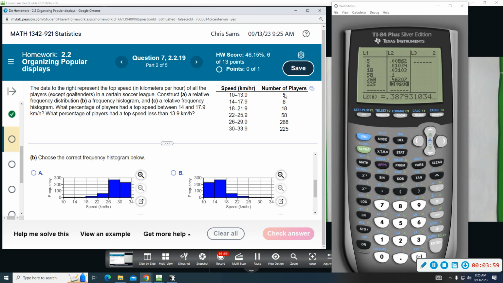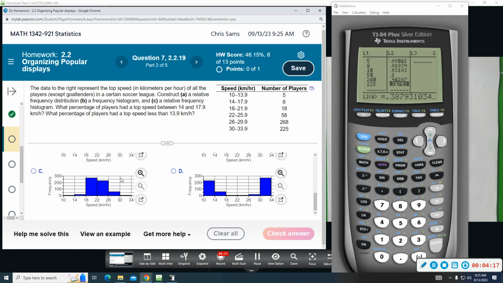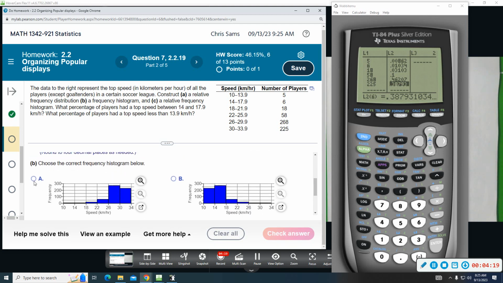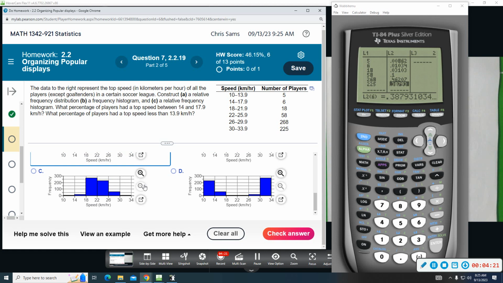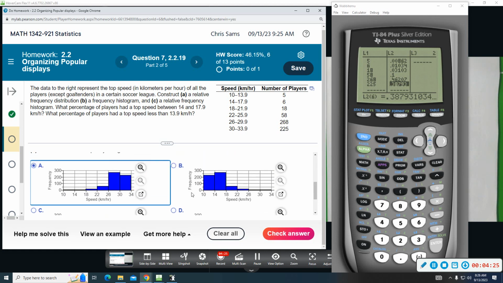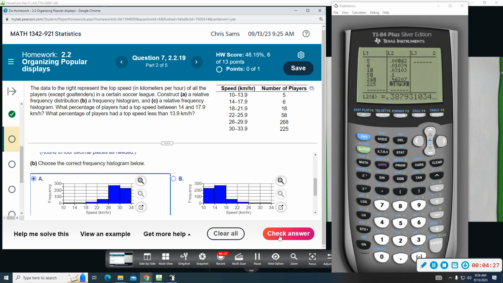So the smallest group was the first one that had 5, and then the next category between 14 and 17 goes up to 6, a little bit higher, and then the next group goes to a height of 18, and then 58, then 268, and then 225. So this one looks pretty good. We're going to go with A as far as the heights of the bar graph matching up what we have in our data.